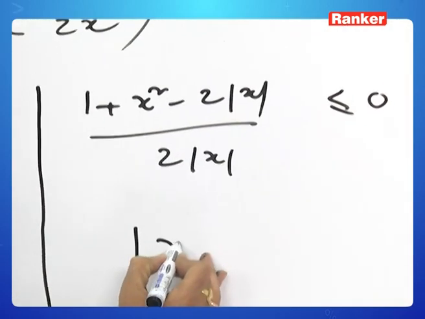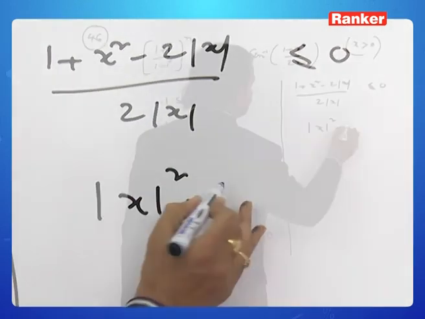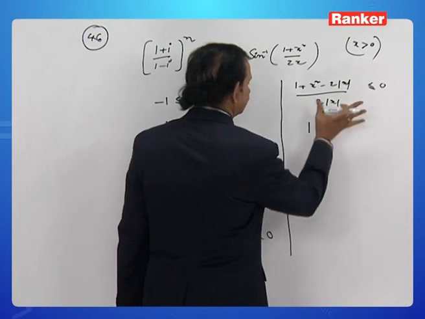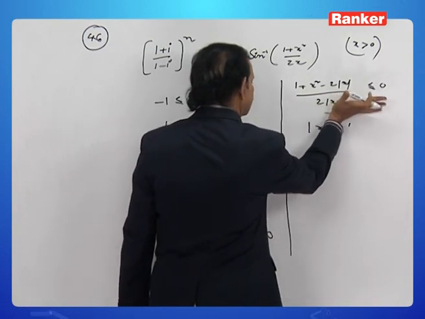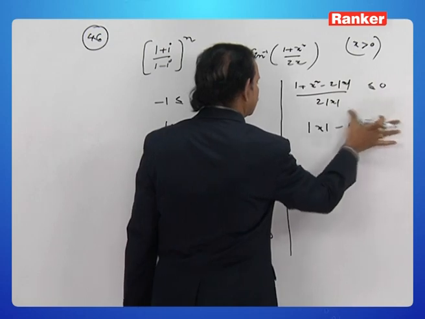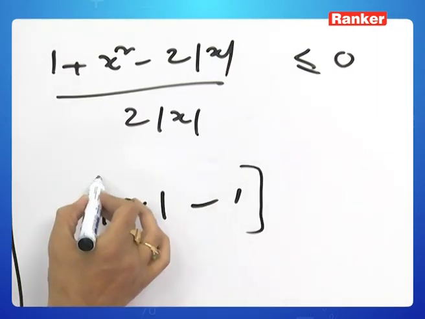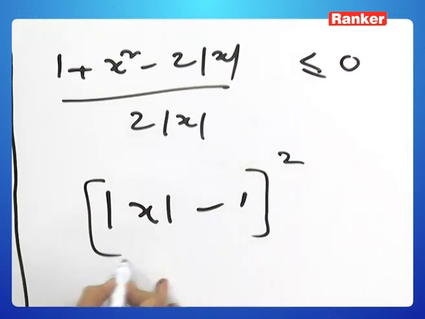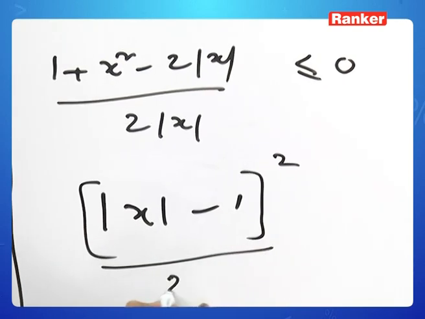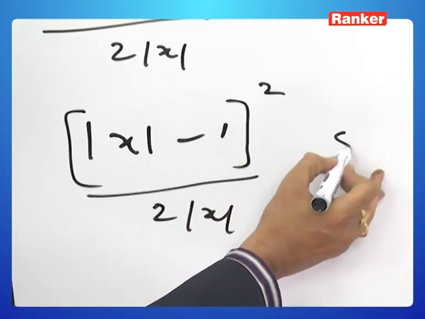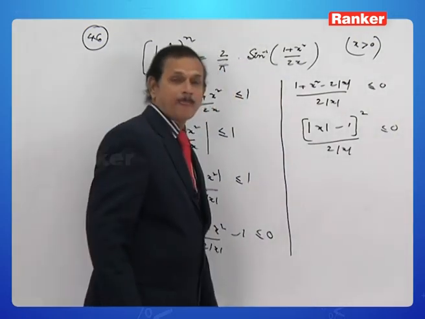Therefore, you can write the numerator as (mod x minus 1) whole square, isn't it?